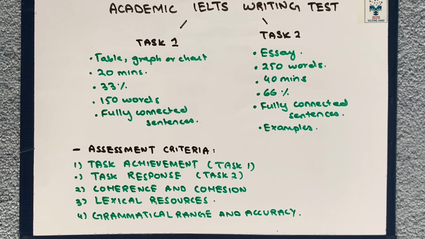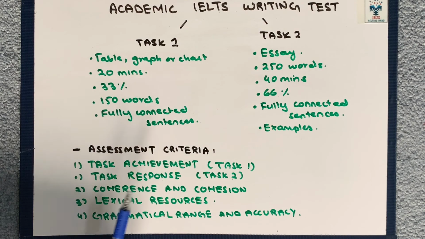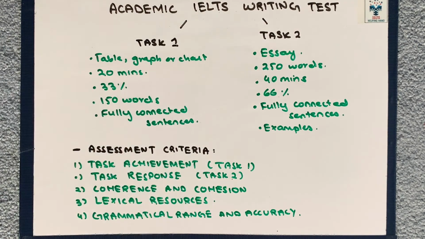Try to write your response in fully connected sentences or paragraphs and support your points of view by giving examples. Now, there are 4 assessment criteria for Task 1 and Task 2. Task achievement for Task 1, task response for Task 2 is the first criteria. Then come coherence and cohesion, lexical resources, and lastly, grammatical range and accuracy.